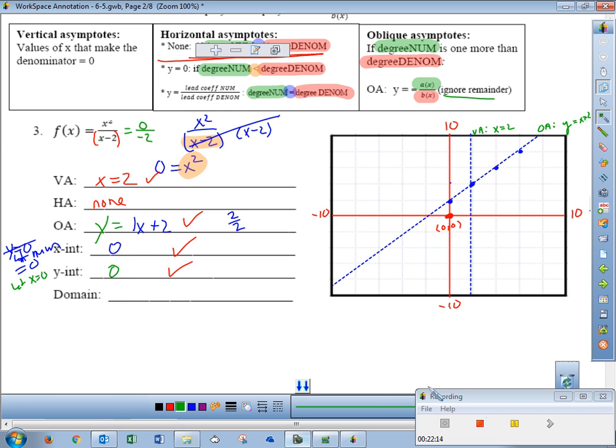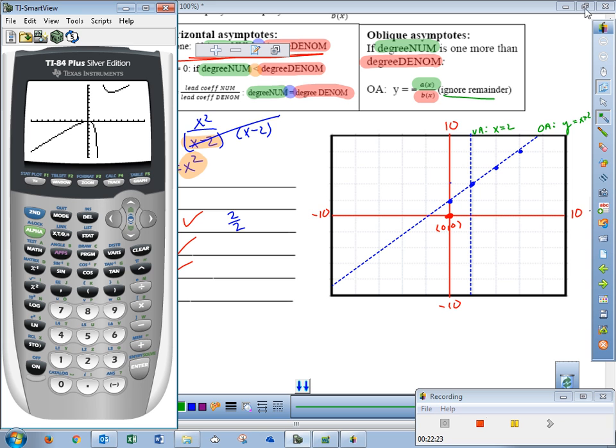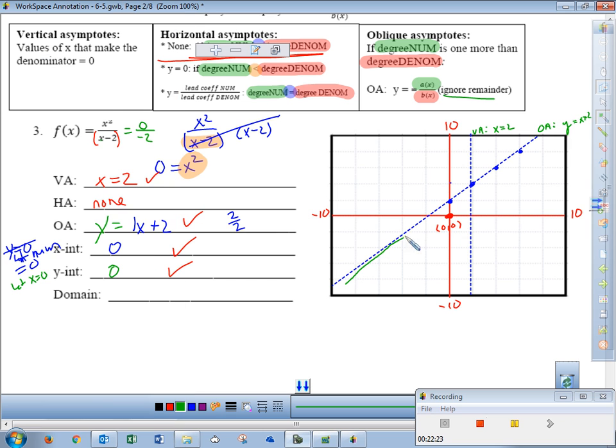I just wanted to switch colors there. So I'm going to make this branch in here. It just kind of has to hug this asymptote a little bit, and it will touch that point right there and come on down and hug that asymptote a little bit. And same thing up here. That's a freehand in my opinion.